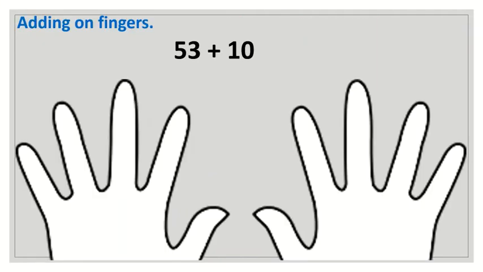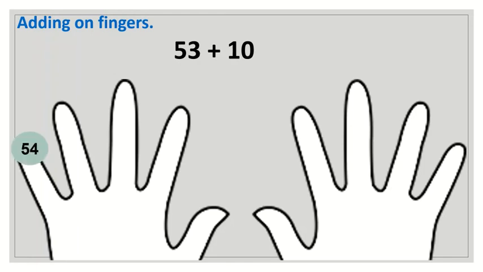We can add on our fingers also if one of the numbers is not so big. So let's see how we will add the numbers 53 and 10 on our fingers. What I do is that I take the bigger number and start counting on from that number. So let's begin. 53 is the bigger number, so what comes after 53?